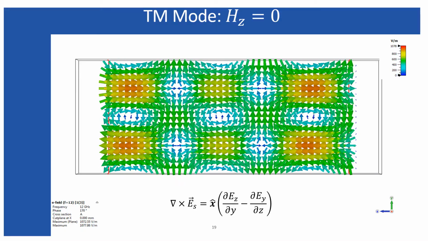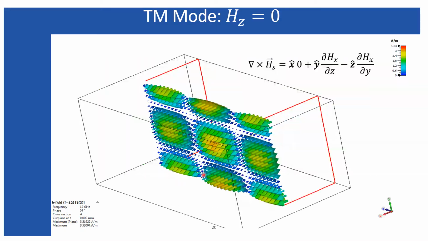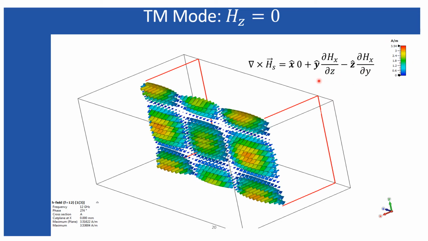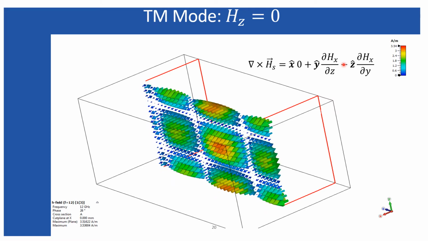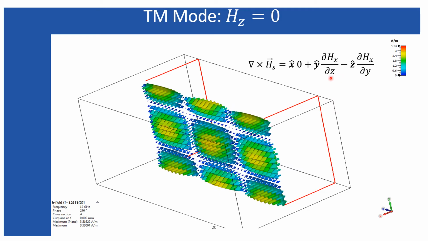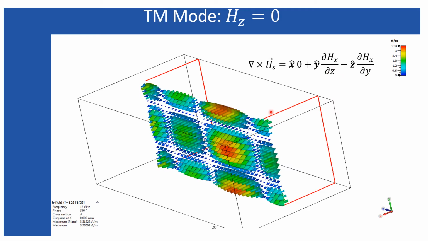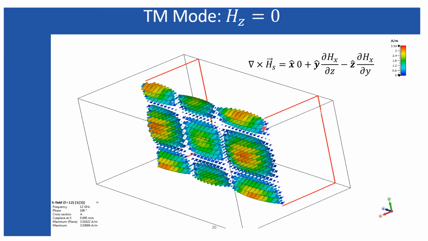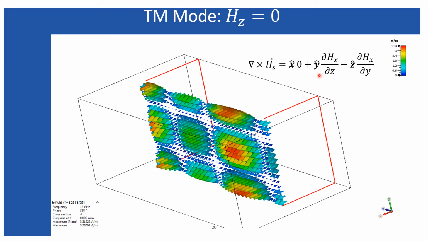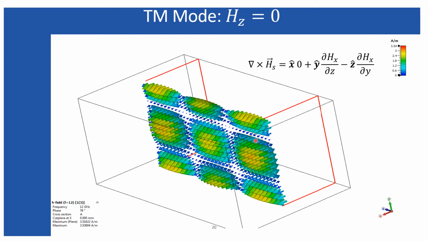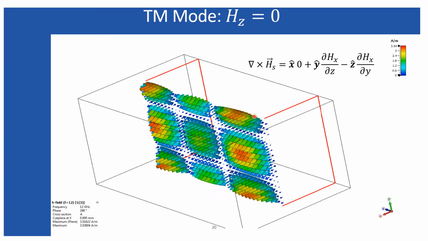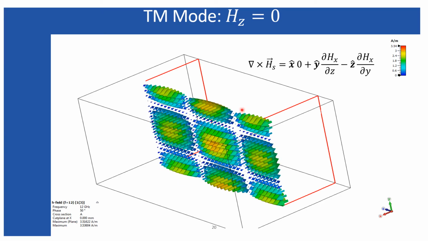Now let's see the magnetic field. Look, the magnetic field is not rotating because it has only one component, the Hx component, but the derivative includes along z and along y. So the Hx component means it is directed along the x direction, and it has variations along z.